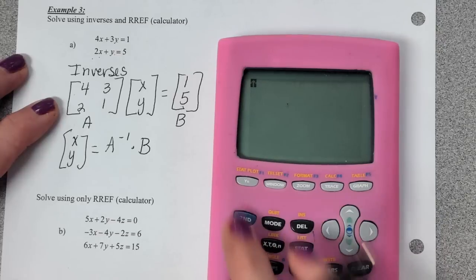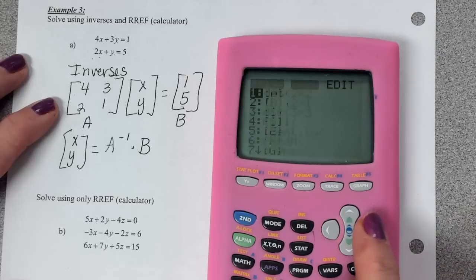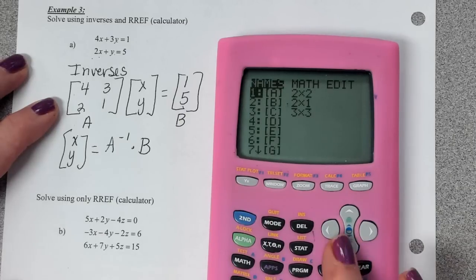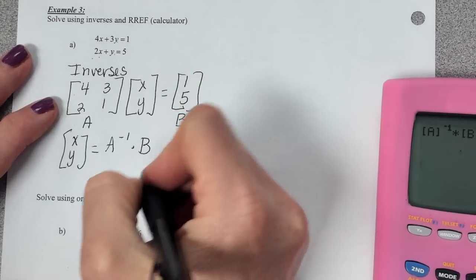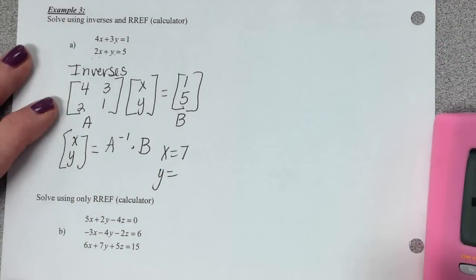Oops, mistake, hold on. 2 by 1. We have the numbers 1 and 5. So now I have to go back to matrix. I want matrix A, the inverse of that, times matrix B. And there we go. So x equals 7 and y equals -9.